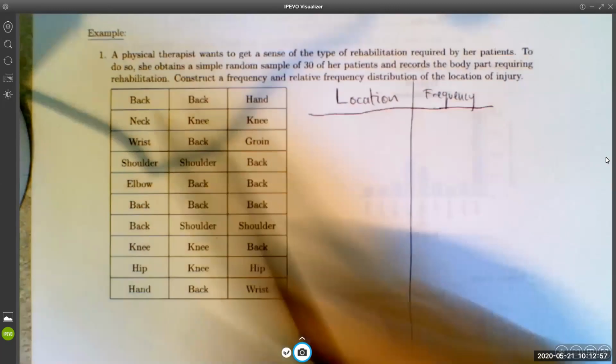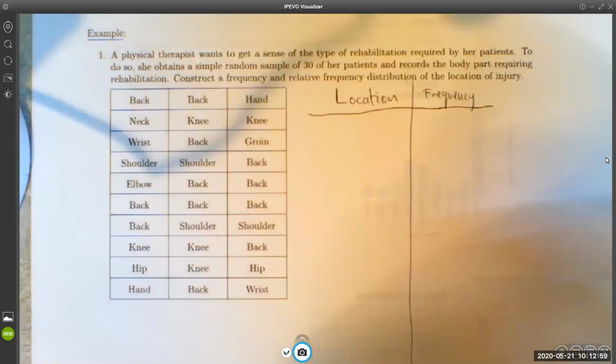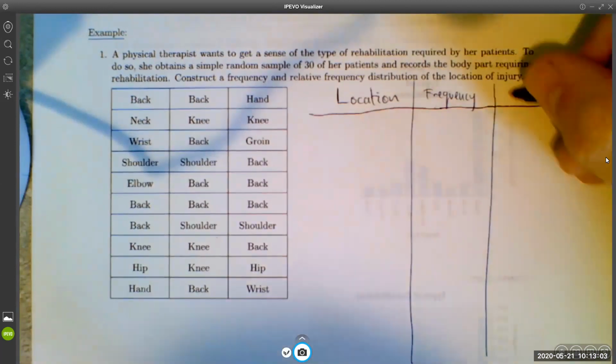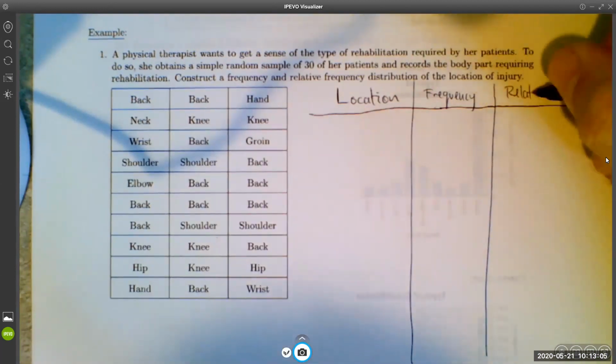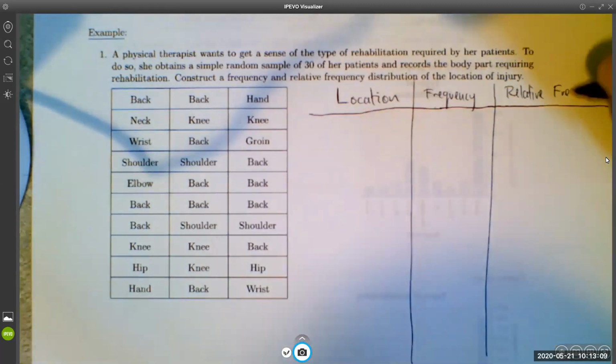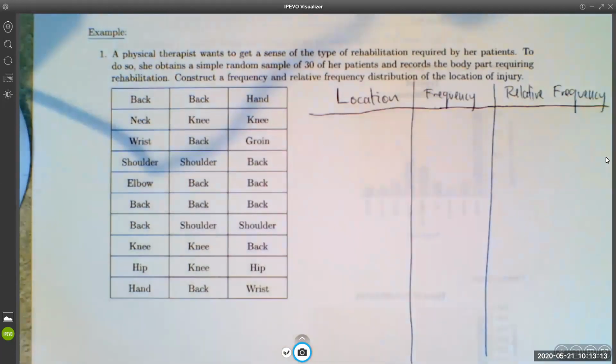And then it asks for a frequency and a relative frequency distribution, so I'm also going to make a column for the relative frequency. Okay, so let's fill in this chart now.